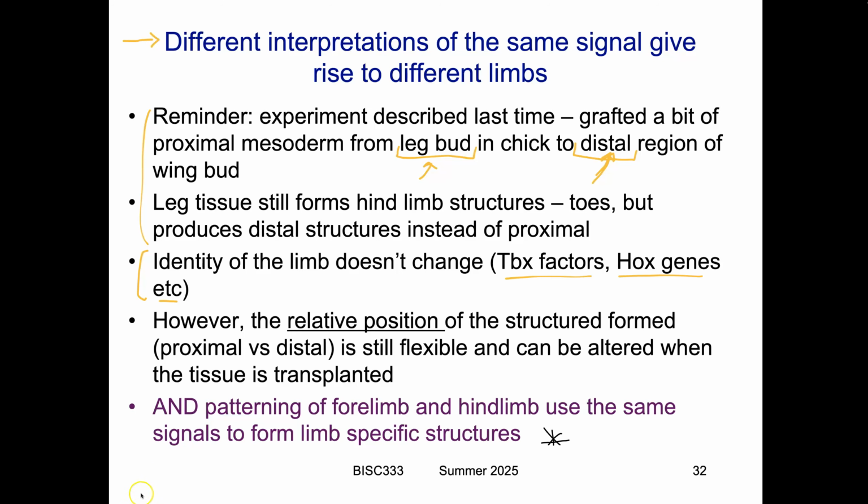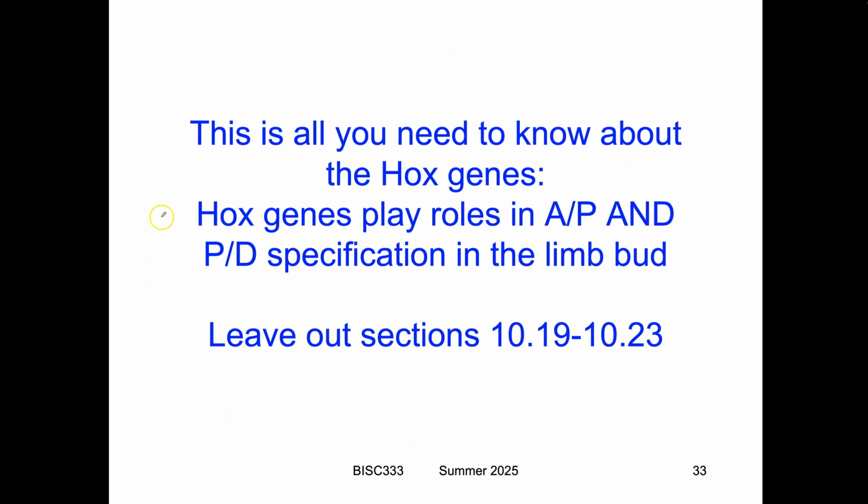But basically, this is just what I've been saying. And so the only thing you really need to know, I'm not going to go into the Hox genes, is that they play roles in both anterior, posterior, and proximal distal specifications.